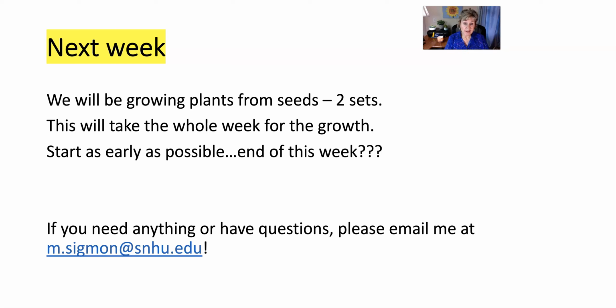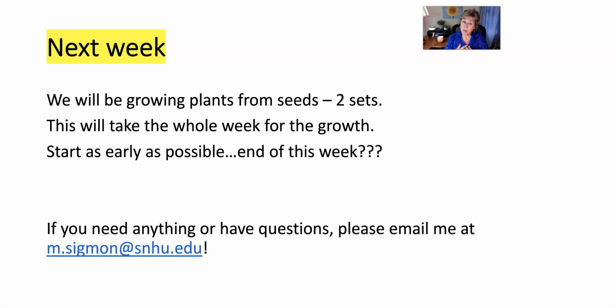But I'm just warning you ahead of time that it's going to take the entire week for you to grow, germinate basically, these seeds. If it were me, I would start this coming Saturday. I would start my seeds. It doesn't take much time to do any of the setup or check on them or any of that, but it does take time for them to germinate.